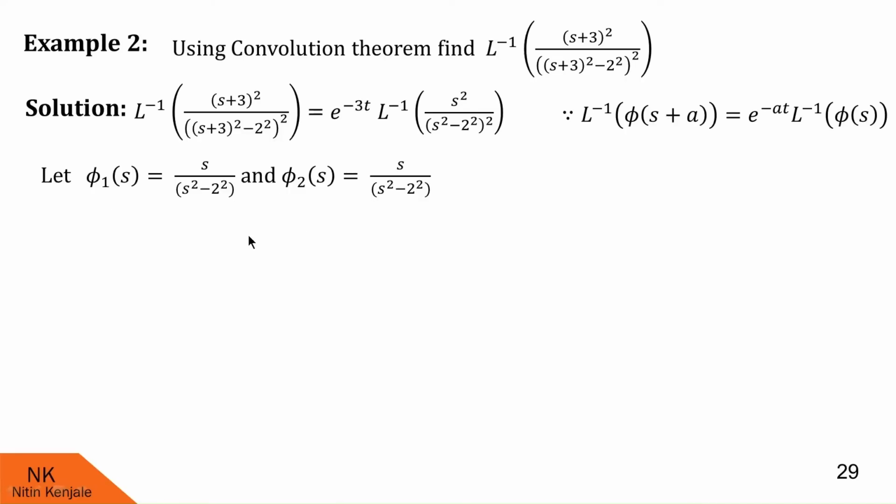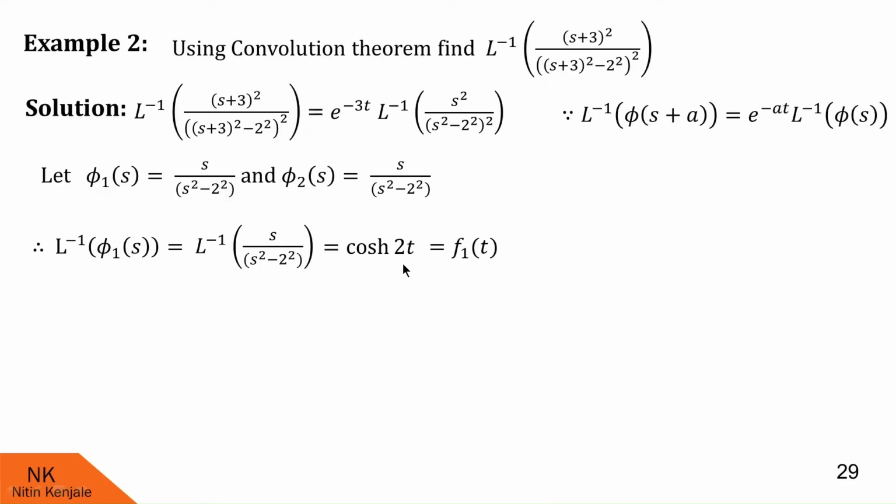Now let us find the inverse Laplaces of phi 1 and phi 2. L inverse of phi 1 of s is equal to L inverse of s upon s square minus 2 square, which is cos h 2t. Yes, you are correct. Let us call it f1 of t. Similarly, L inverse of phi 2 of s will also be equal to cos h 2t because both of these functions are the same. Let us call it f2 of t.